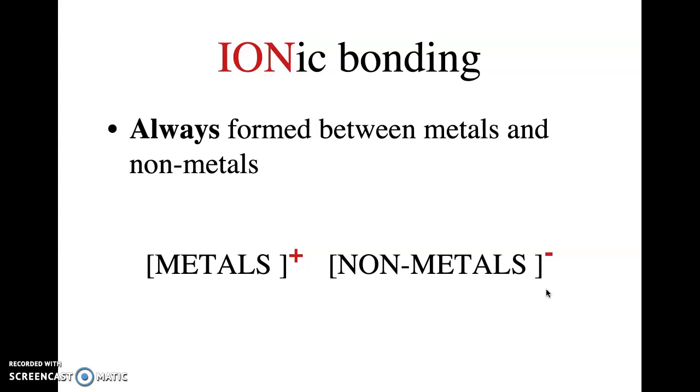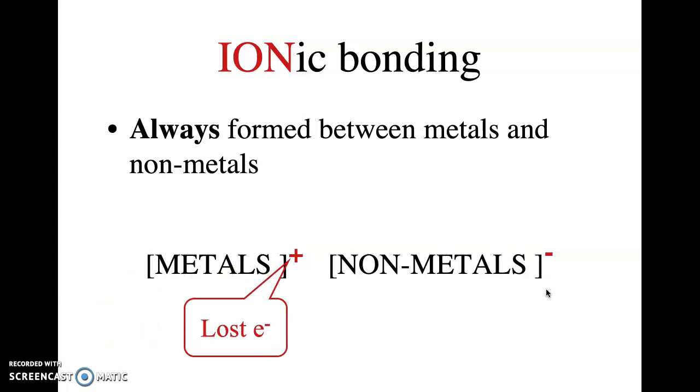So hopefully you can remember that for metals, the term would start with a C, and for nonmetals, the term would start with an A. Metals are cations, and nonmetals would be anions. Notice that they both have the word ion in them because we're talking about ionic bonding.